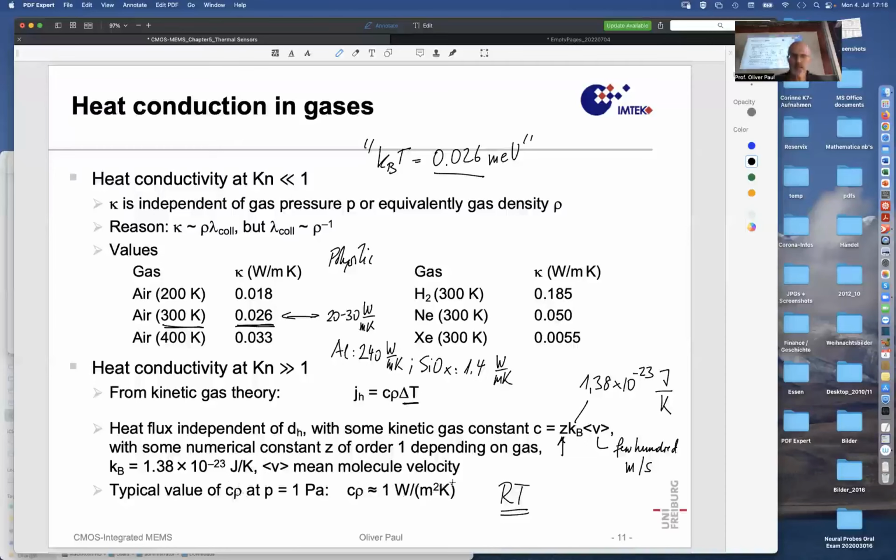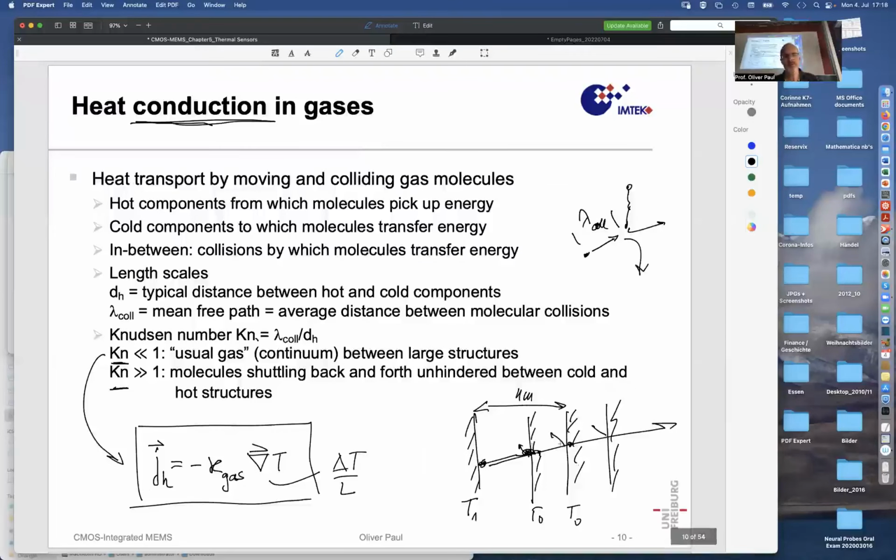And that's easy to understand, that this goes proportional to the density. The density is equal to the molecules that are currently transferring energy, and if there is only 1/10 available, then only 1/10 of the energy will be transferred between these objects.